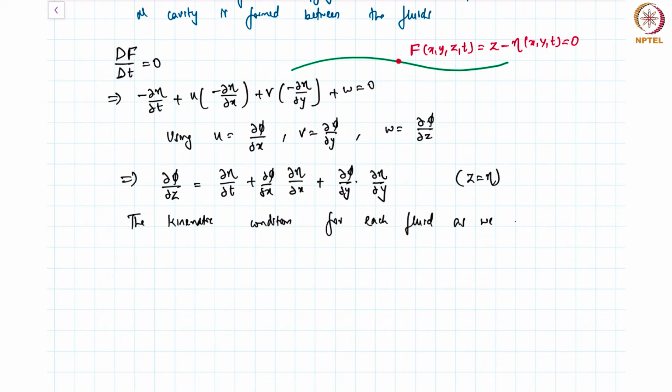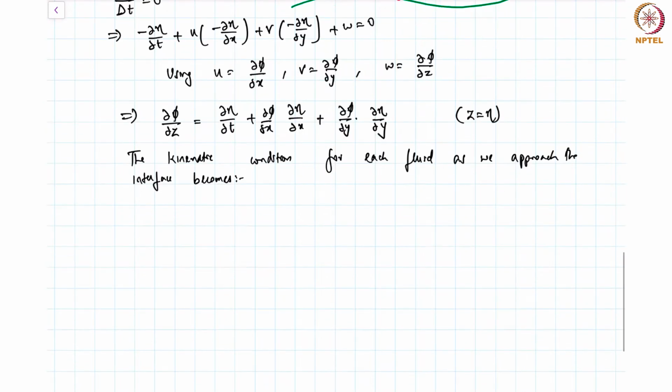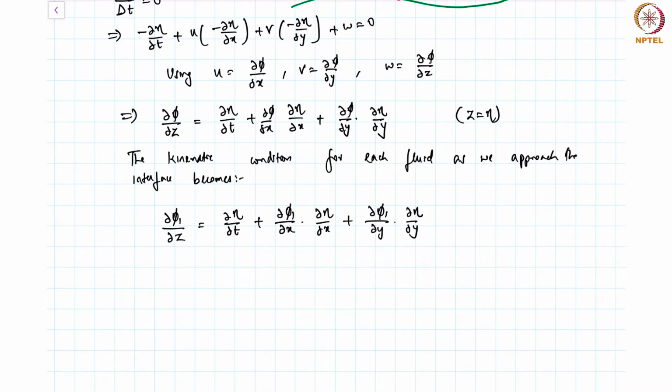As we approach the interface, it becomes del phi 1 by del z equals del eta by del t plus del phi 1 by del x times del eta by del x plus del phi 1 by del y times del eta by del y at z equals eta.